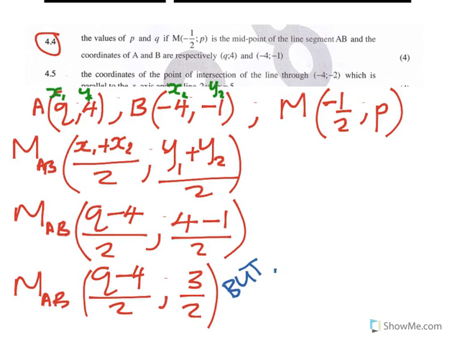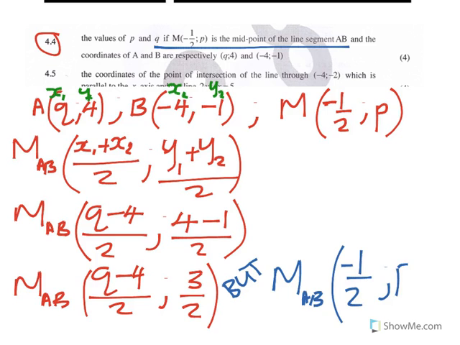I'm writing it this way. M of AB, from what they gave us, the values, if you look at it, the values M (minus half, P) is the midpoint of the line segment AB. We have these values, M of AB, which is (minus half, P). So now, how does this work? This is simple.